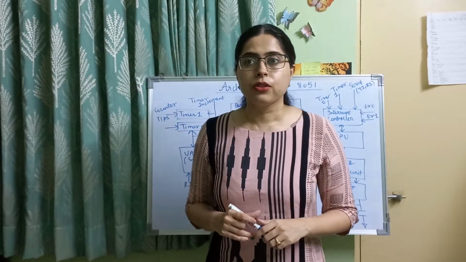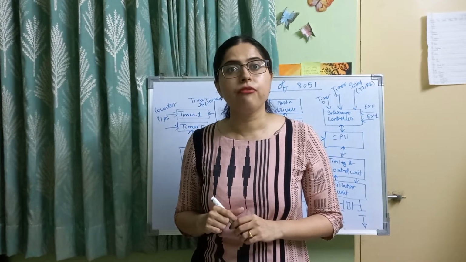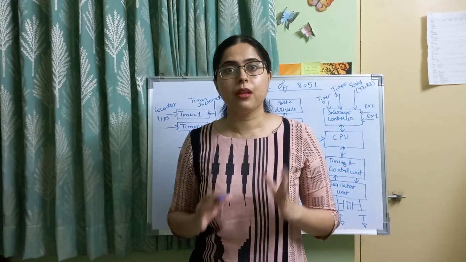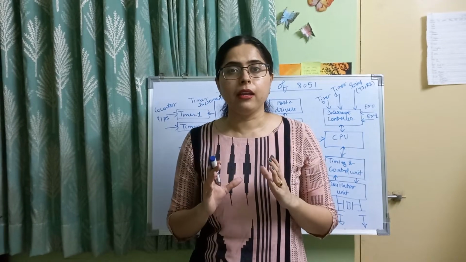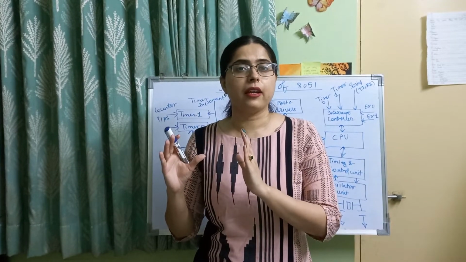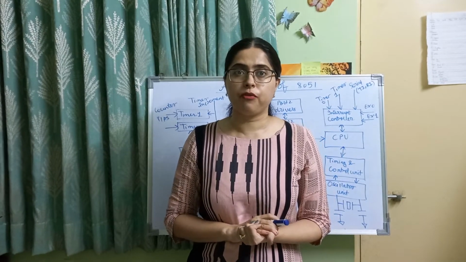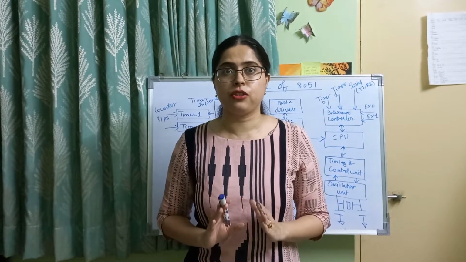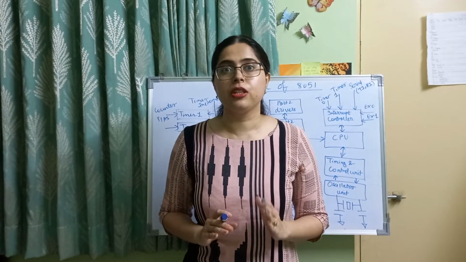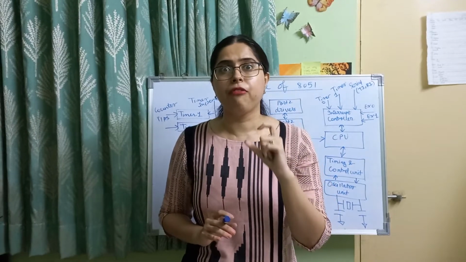Okay, so see, now consider an example. There are two numbers, 4 and 5, and I want to add these two numbers. Whatever will be the result of the arithmetic operation performed by the ALU, that result will be stored in a special register, and the name of that special register is accumulator. For example, I want to add 4 and 5.